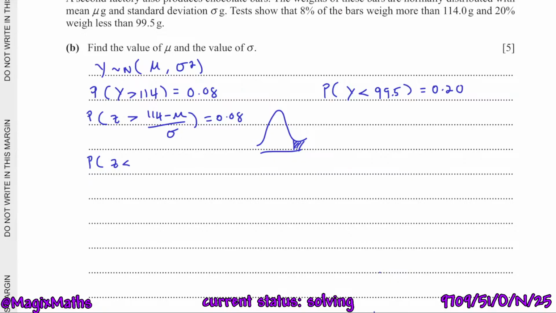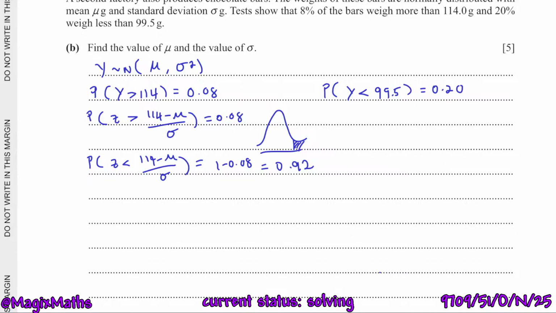So if it's less than this, then it's 1 minus 0.08, or 0.92. And then we just reverse that from the distribution table.